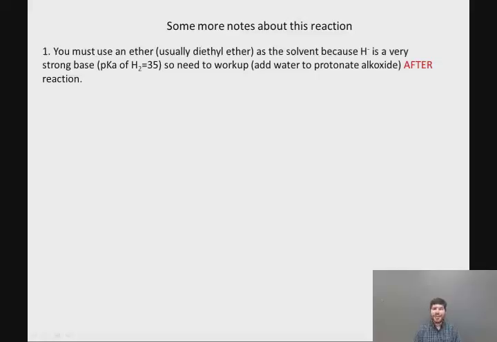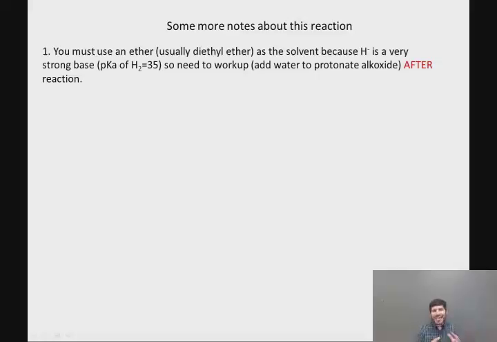The reason why you can't use an alcohol or water as a solvent is that lithium aluminum hydride is a much better source of H- than sodium borohydride is, and H- is a very strong base, the conjugate base of H2, which has a pKa of 35. H- will react with any acidic hydrogens to get destroyed and just generate a molecule of H2.